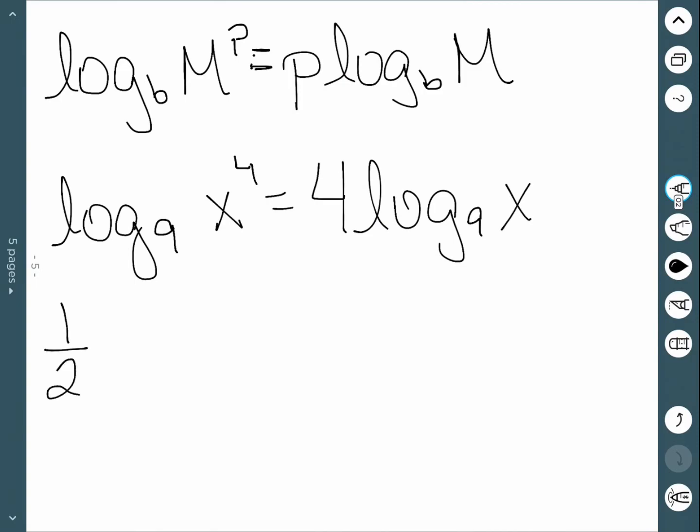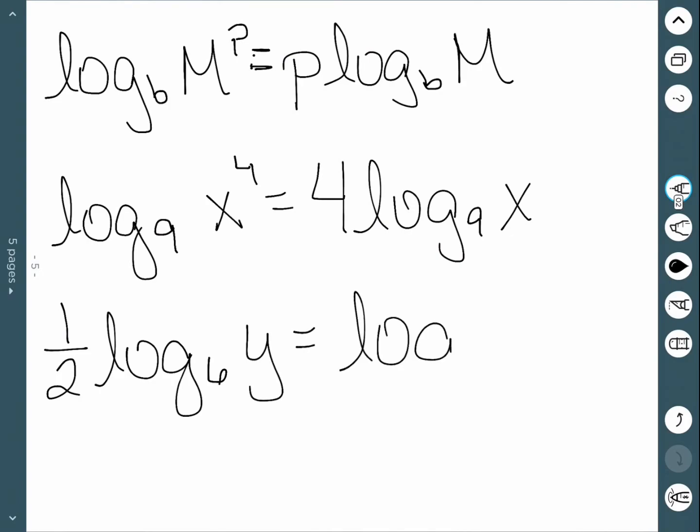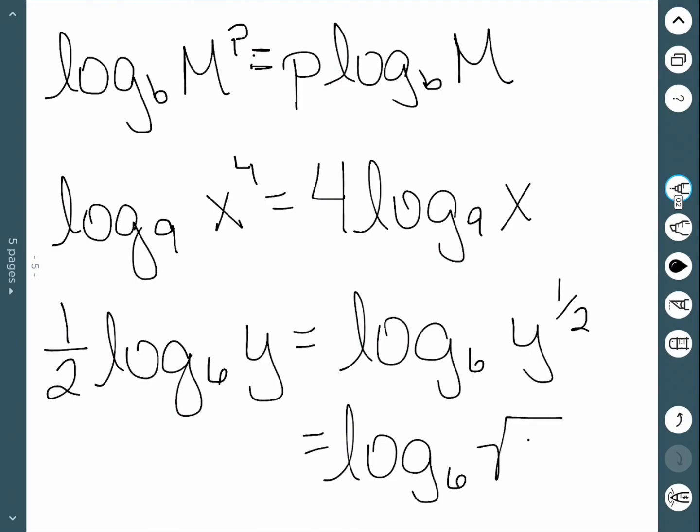And it also goes the other direction. 1/2 log base 6 of y would be log base 6 of y to the 1/2 power, which would be the same thing as log base 6 of the square root of y.